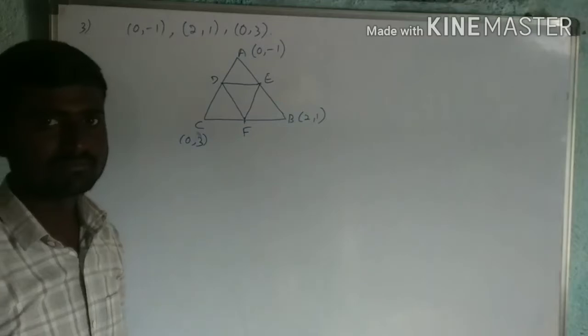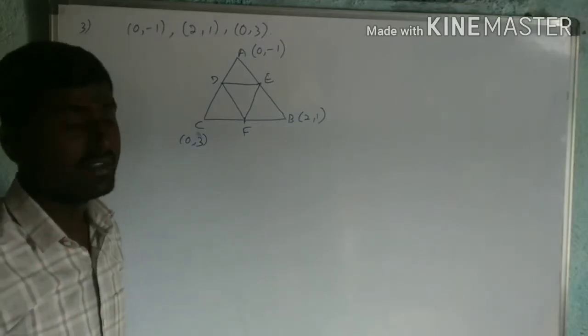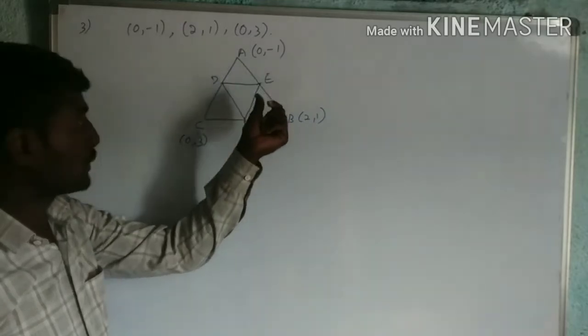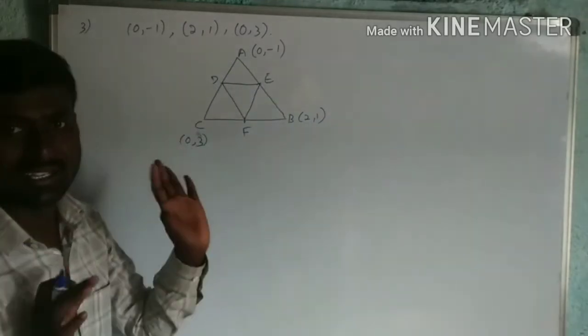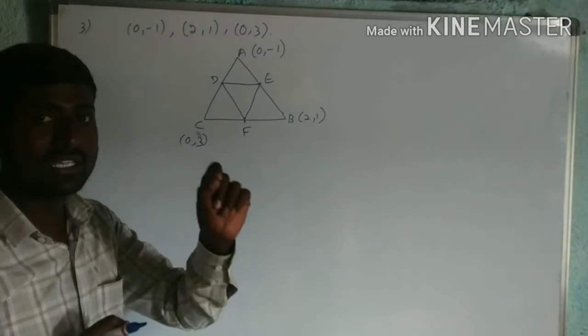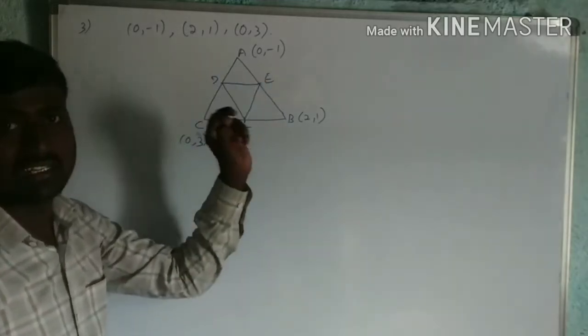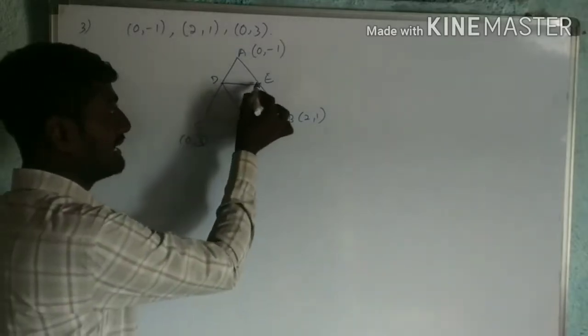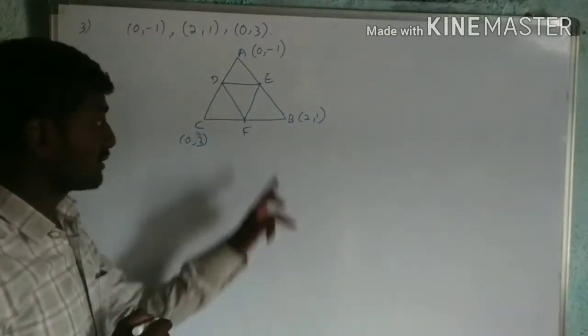This is one part. Another part, they said, find the area of this triangle to the area of the given triangle. You understand that? This triangle means DEF, which you are going to find out.